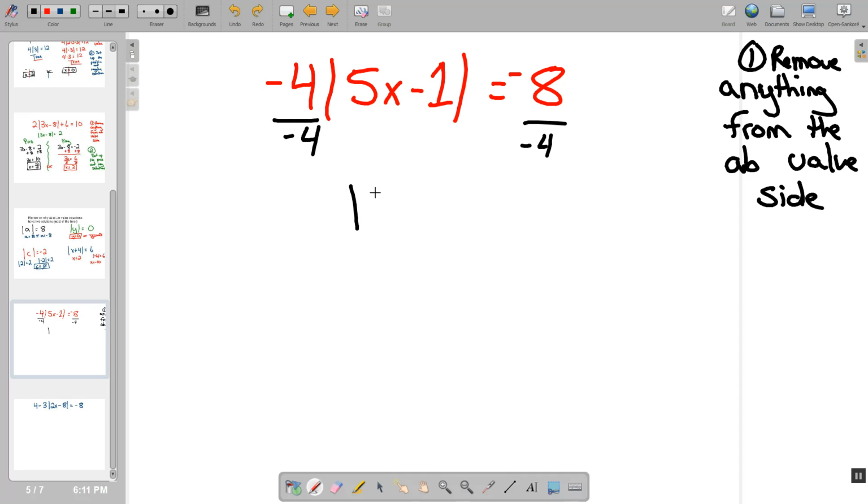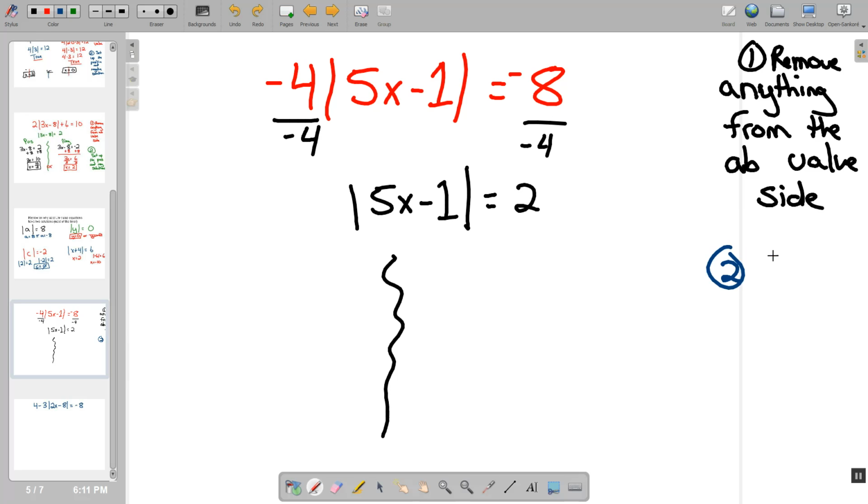I then get the absolute value of 5x minus 1 is equal to positive 2. And we had to be careful here, because if this ends up being a negative, we know that the problem doesn't work. But in this case, negative divided by a negative gave us a positive. And now that our problem will work, we have to do step 2, which is set up our positive and negative solutions.